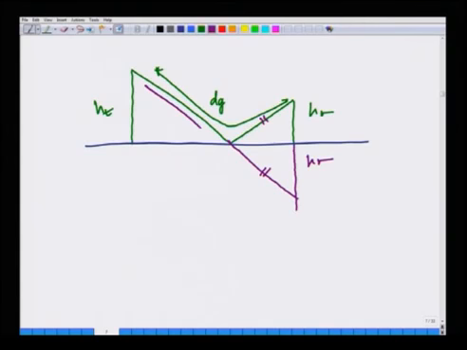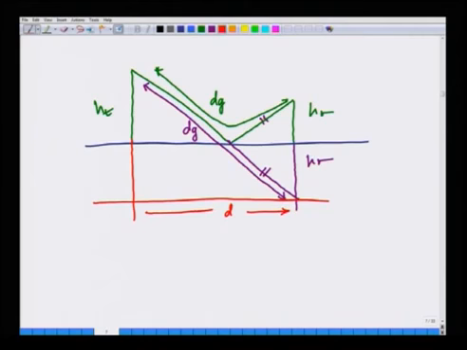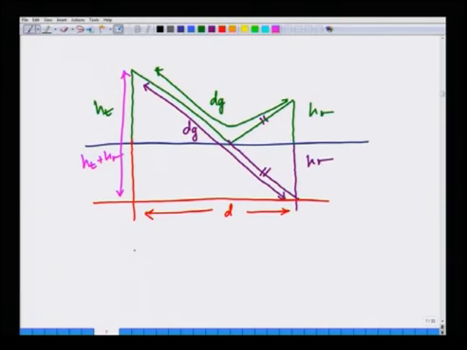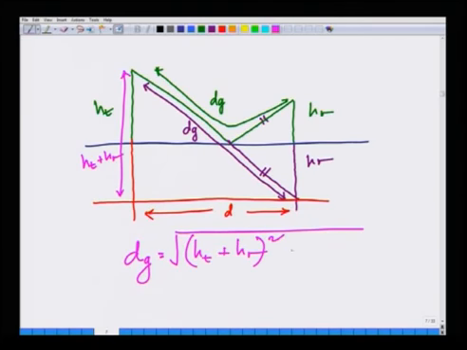Hence, this now is nothing but dg, and if I look at this triangle with length D, and this length now becomes obvious, that is HT plus HR. Hence, dg is the hypotenuse of a right angle triangle with sides HT plus HR and D. Hence, dg is the square root of (HT plus HR) whole square plus D square.